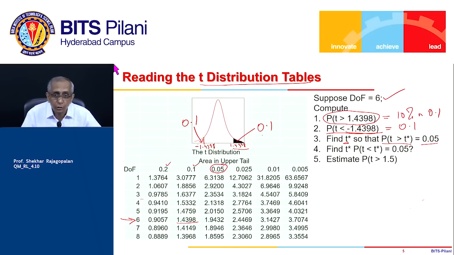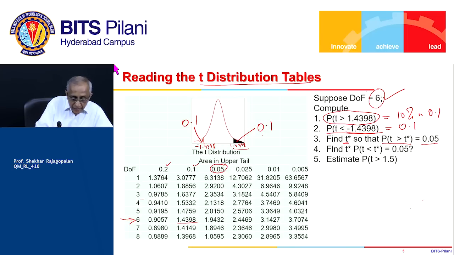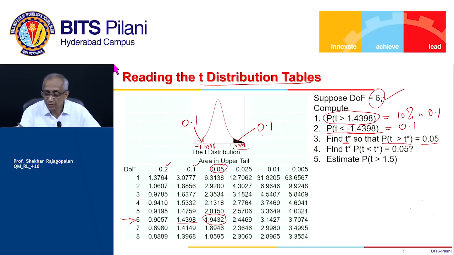And therefore this column gives me t values for which the right tail is 5%. I go down, because note that my degrees of freedom is 6. So I go down to 6 and I get 1.9432. And therefore t star for the third problem is 1.9432.